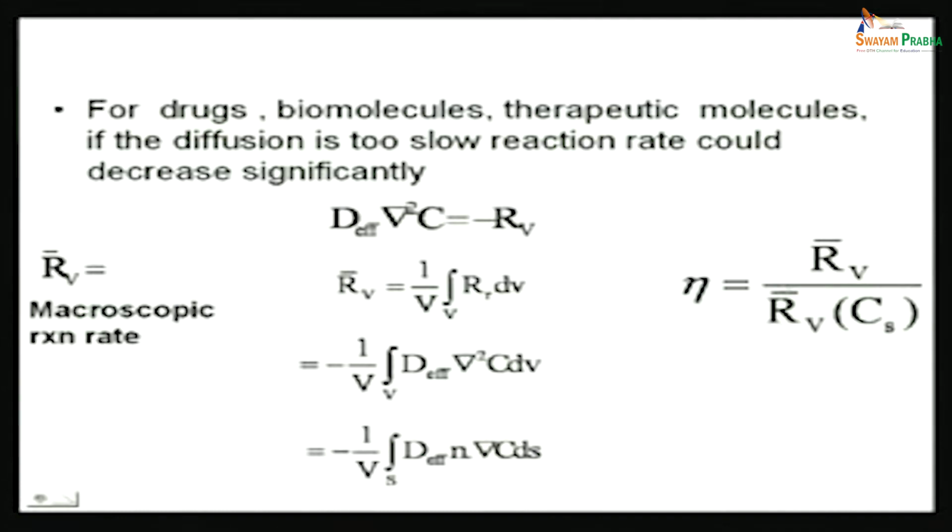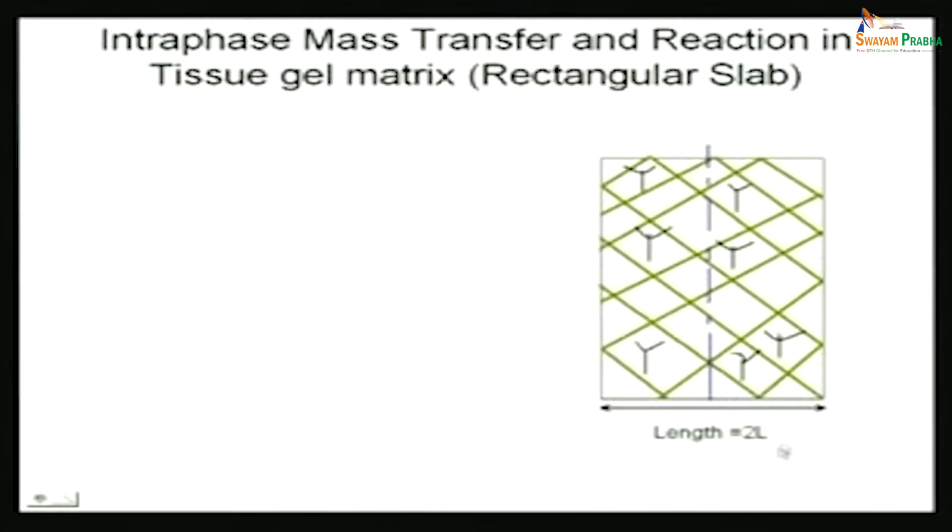Not taken. Then you will study these things, the effectiveness factor. It essentially measures the ratio between the actual rate of the reaction and the rate if the reaction were occurring at the surface concentration. We'll see how to incorporate that in the next few cases.